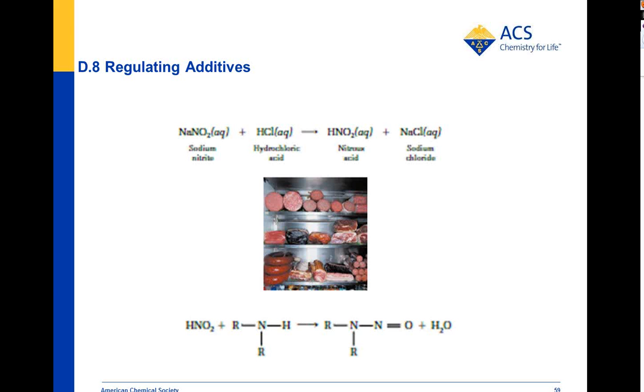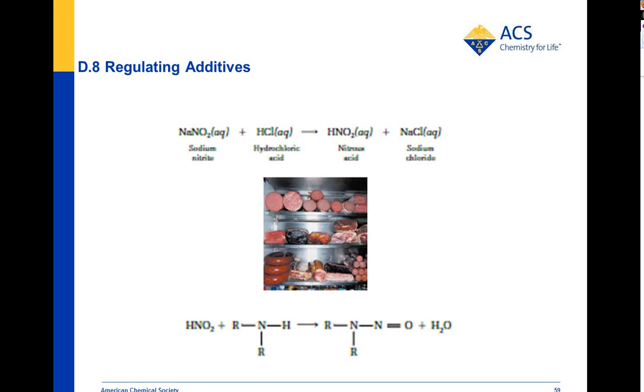So we're going to be looking at some of the federal regulations about various different additives. And these regulations, the URLs for them and so forth, are given in the teacher's edition in the margin. So you may want to give these to students to pick up some additional information.